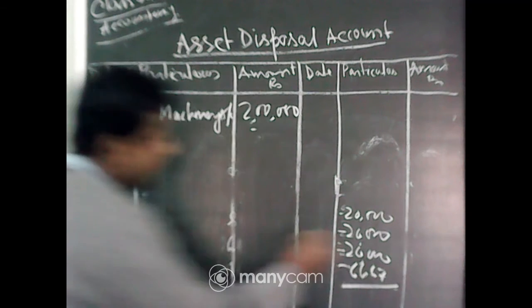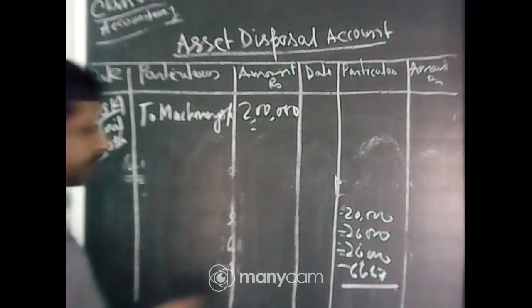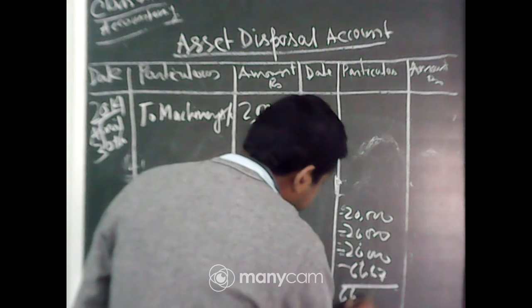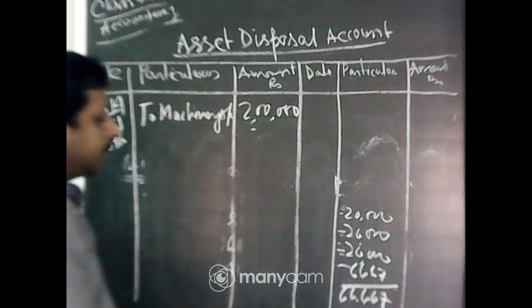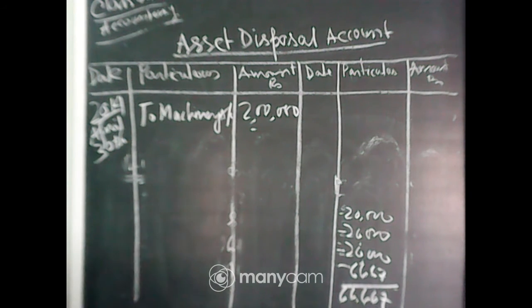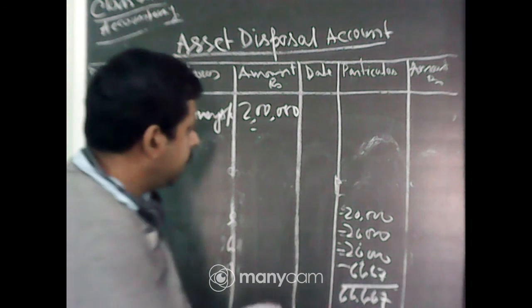Now the total value of the accumulated depreciation is 66,667. That value of depreciation we have to transfer to the asset disposal account. That value is coming from the provision for depreciation account. Okay.